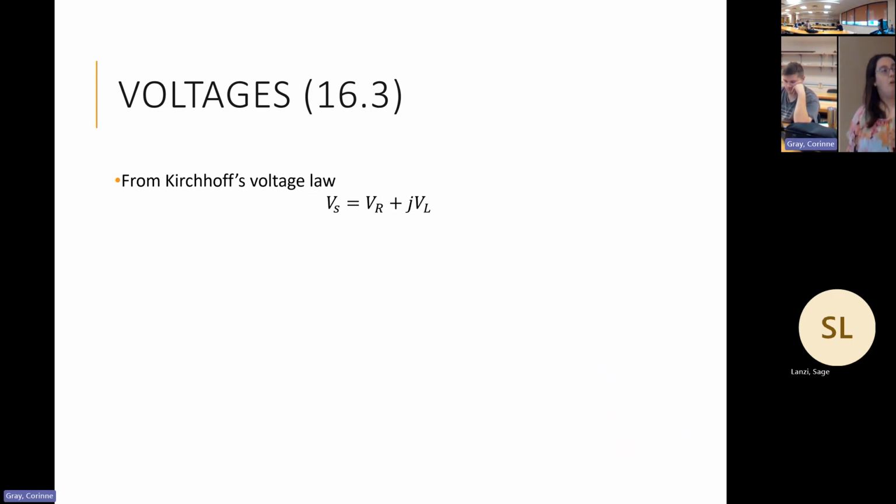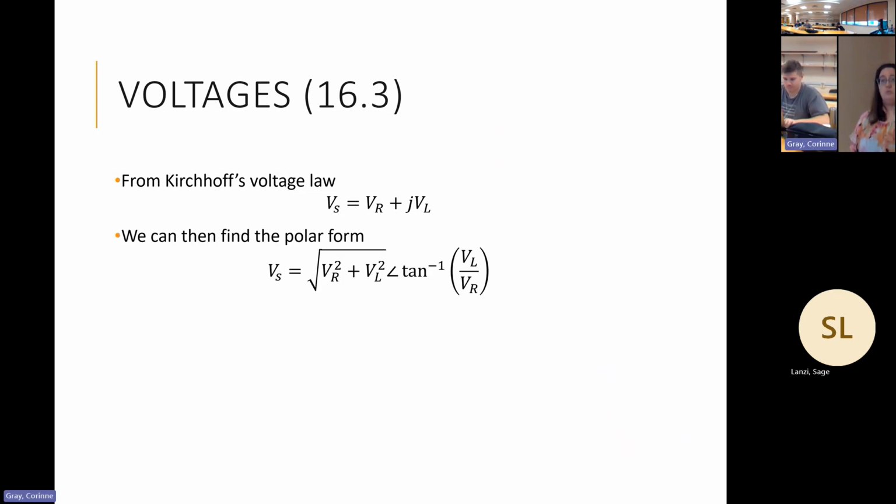For our source voltage, it's equal to the resistor voltage plus the imaginary component, which is the voltage across the inductor. This here is the rectangular form. You can do this in polar as well, still using trig to define that.